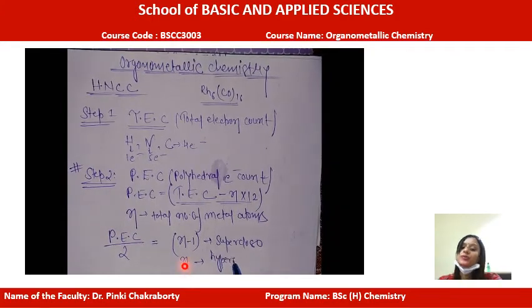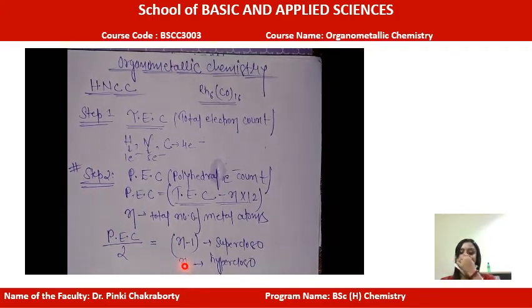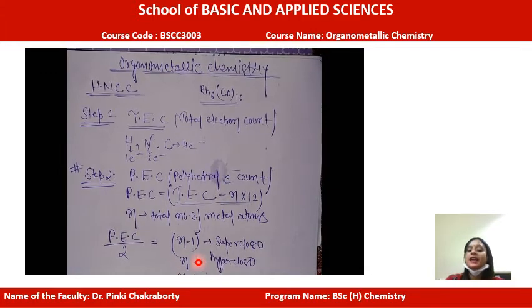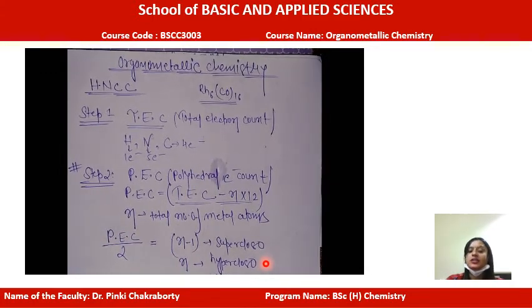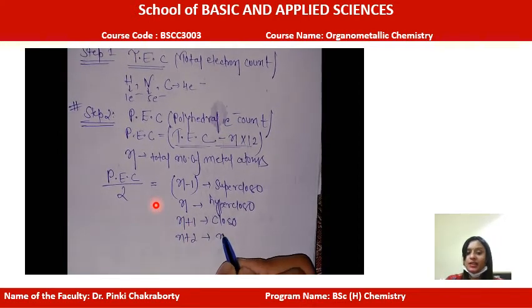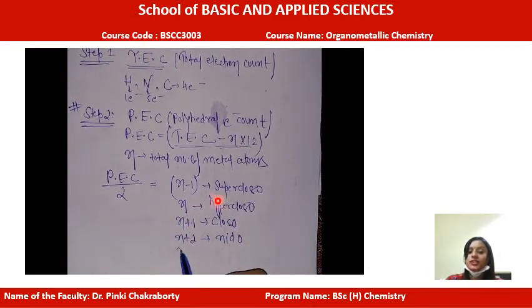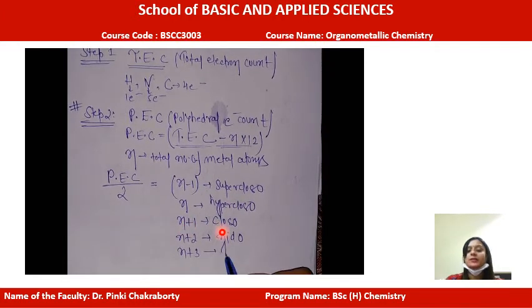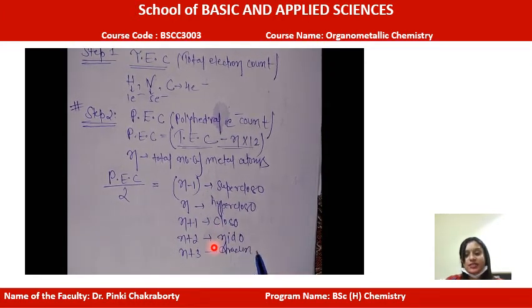Suppose PEC by 2 just comes out to be 6, that is n. It will be a hypercloso structure. If it comes out to be n plus 1, it is a closo structure. If n plus 2, it will be a nido structure. n plus 3, arachno.